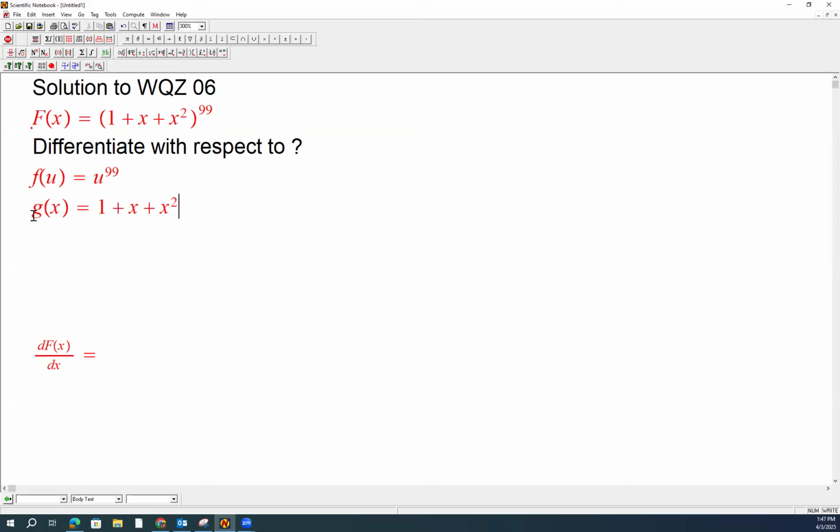So from this step to the next step, we can tell, if it's not obvious enough, that u is g. To make that more explicit, you write u equals g of x.